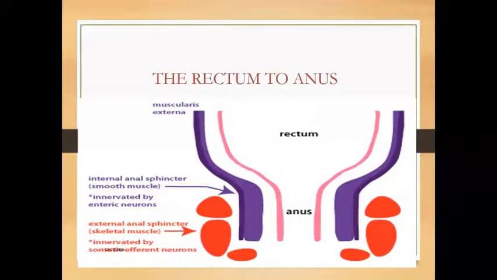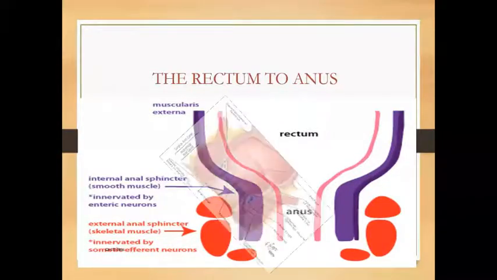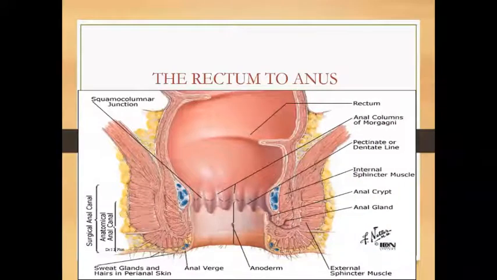But the internal anal sphincter muscles are innervated by enteric neurons and also the autonomic nervous system. The enteric neurons are intrinsic to the GIT, so you don't have control over them. If the rectum is distended, they will relax.